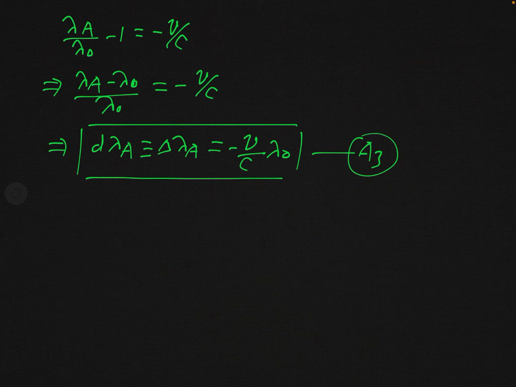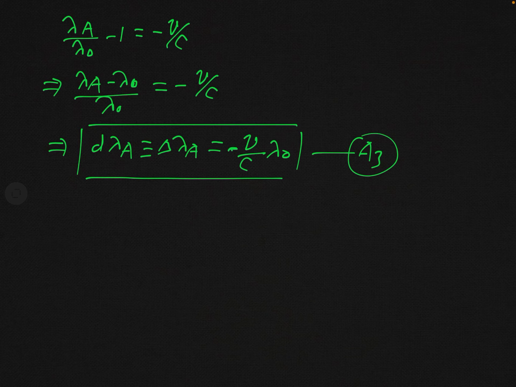Let us see here that there is a minus sign in the RHS. What is the significance of this minus sign? In fact, this minus sign implies that when the source and the observer are moving towards one another, or you may say simply that when the source is moving towards a stationary observer, there is a shift of wavelength towards the shorter wavelength.